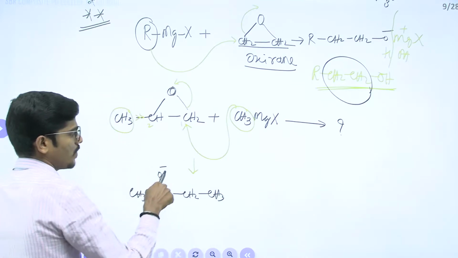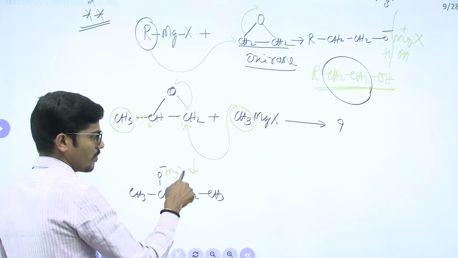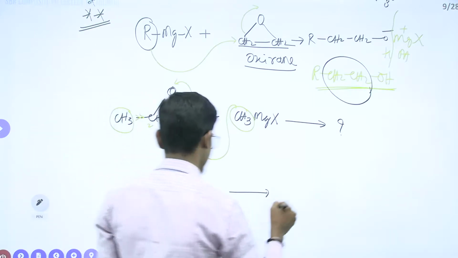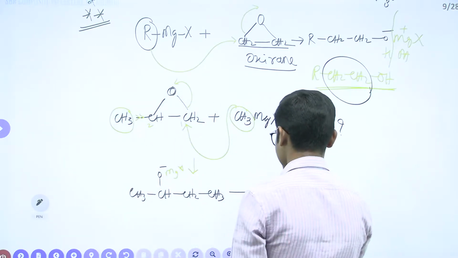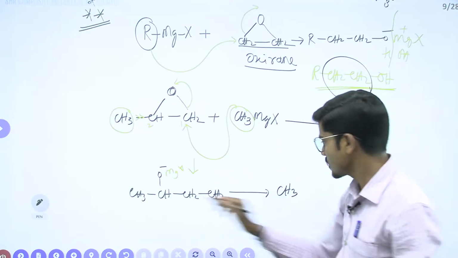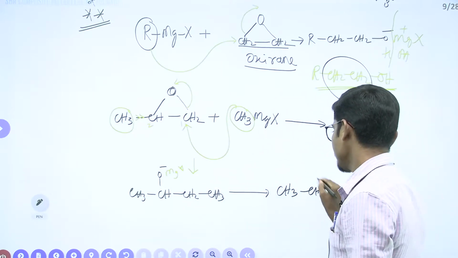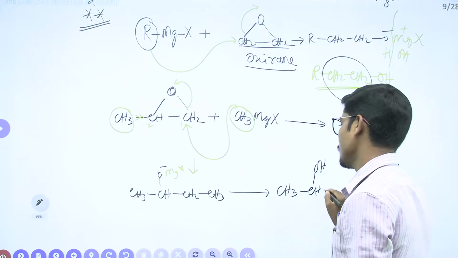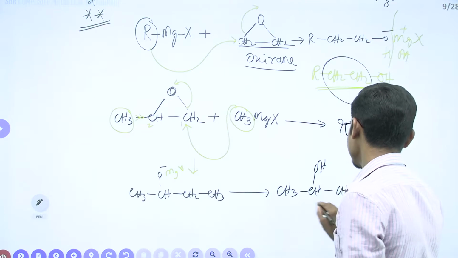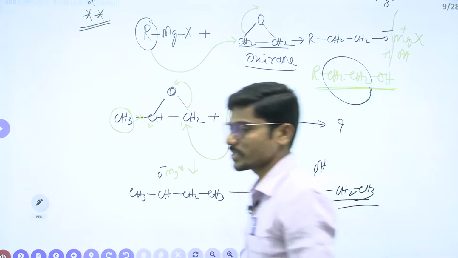The remaining part is the same, magnesium halide. Upon hydrolysis, this gives CH3CHOH and CH2CH3. Please note these reactions.